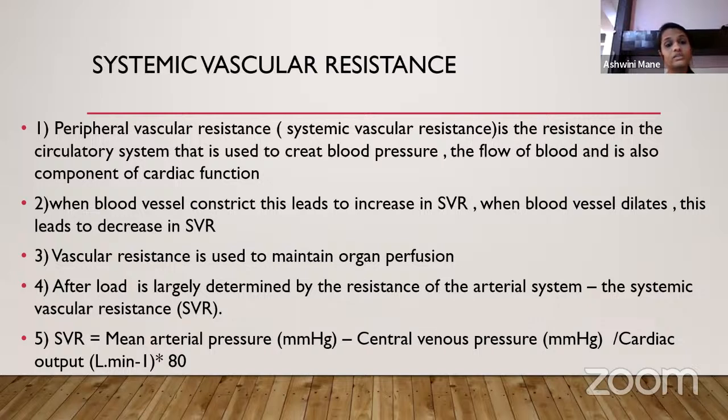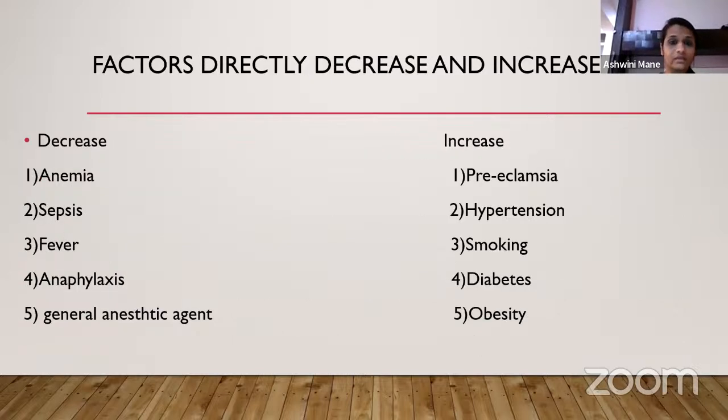So the afterload is largely determined by resistance of the arterial system and the systemic vascular resistance. And it is calculated by mean arterial pressure minus central venous pressure, divided by cardiac output, multiplied by 80. Now the factors which directly decrease and increase SVR.